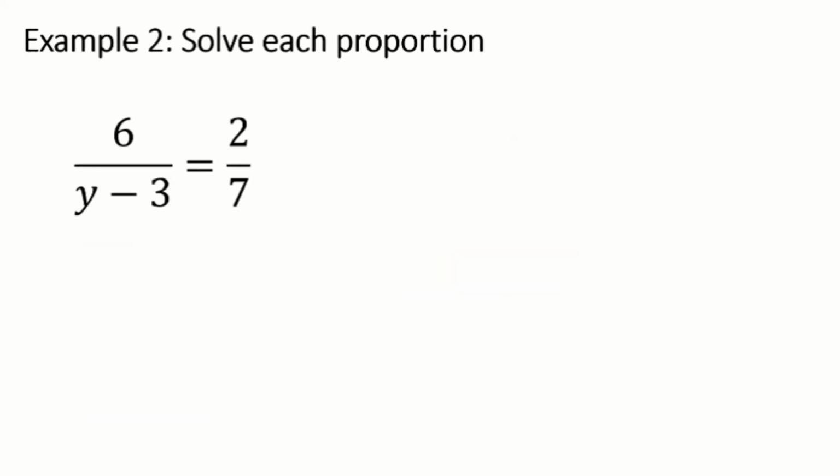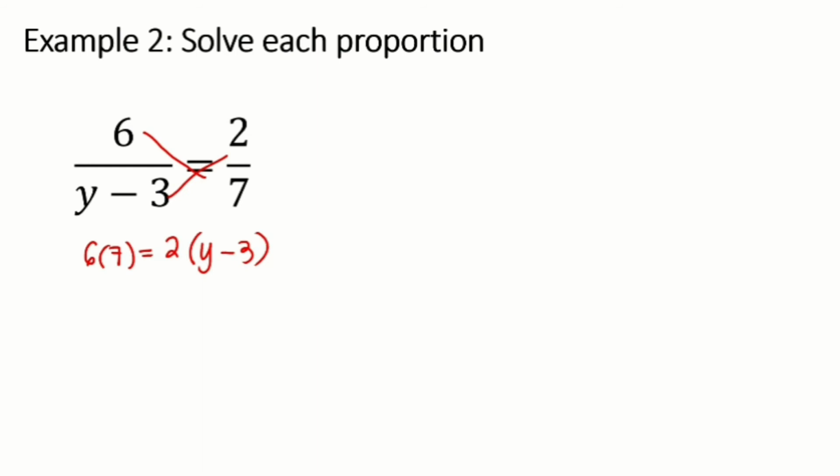Okay, let's try to solve problem number 2. Solve each proportion. We have 6 over y minus 3 equals 2 over 7. The first step is to apply cross product. So we have 6 multiplied by 7 equals 2 multiplied by y minus 3.